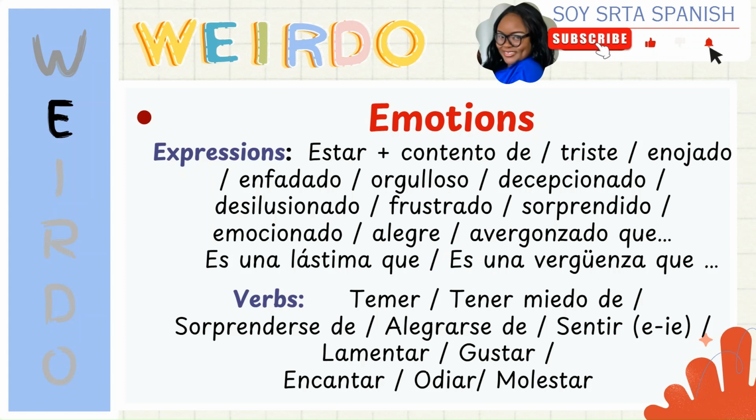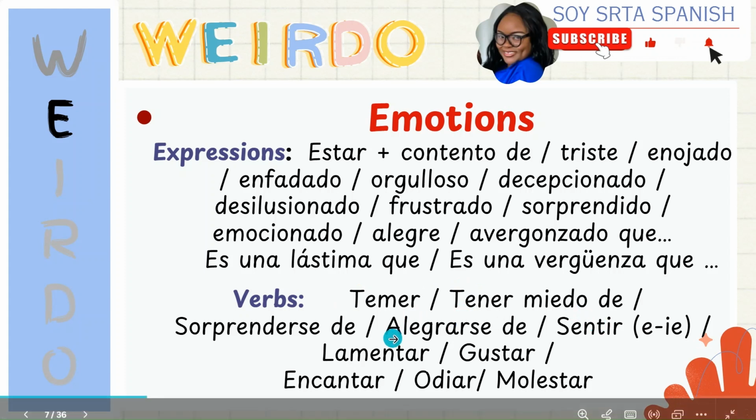Similarly, there are certain verbs that also project feelings. So we have temer right here, which means to fear. So for example, I fear that I will have a bad dream or something like that. To be afraid of, similarly, tener miedo de. Sorprenderse de, of course, to be surprised. To be glad. To feel.